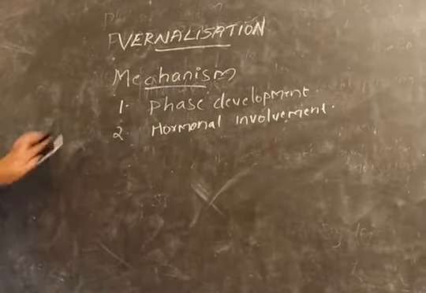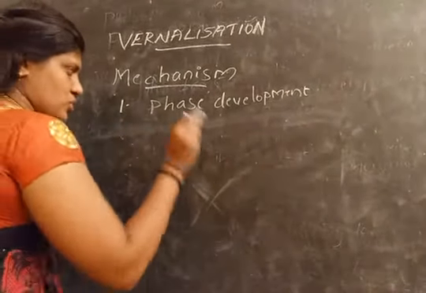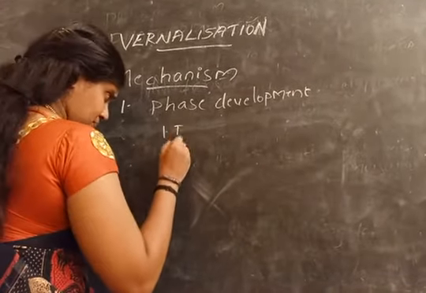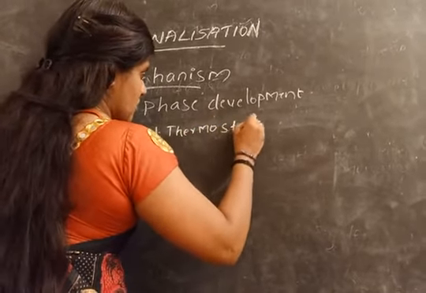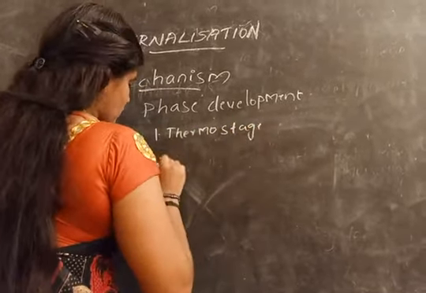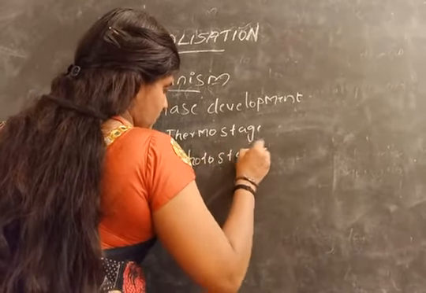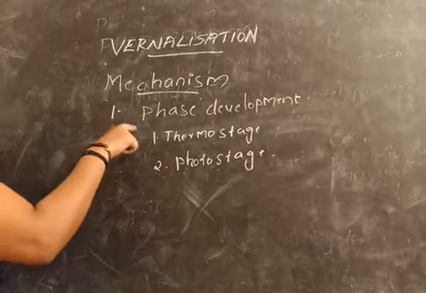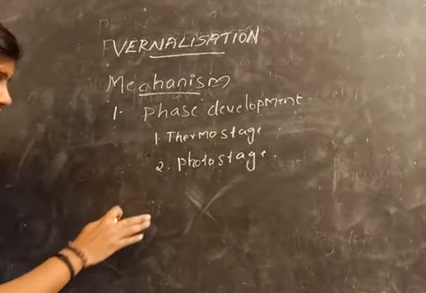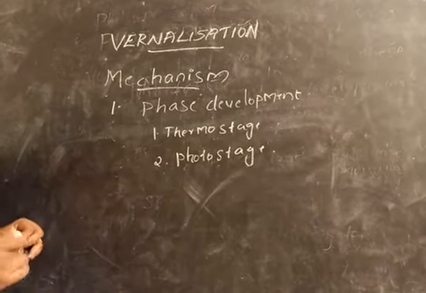Hypothesis of phasic development. An annual seed plant has two stages in its growth. First one is thermostage and second one is photostage.